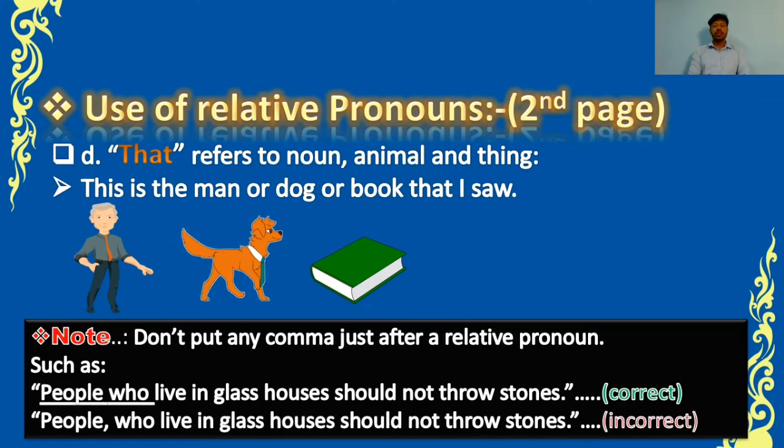Here is a note: don't put any comma just after a relative pronoun, such as people who live in glass houses should not throw stones. It is correct, but if you put any comma after people, it would be incorrect, such as people, comma, who live in glass houses should not throw stones. It is incorrect, so don't put any comma just after the relative pronoun.